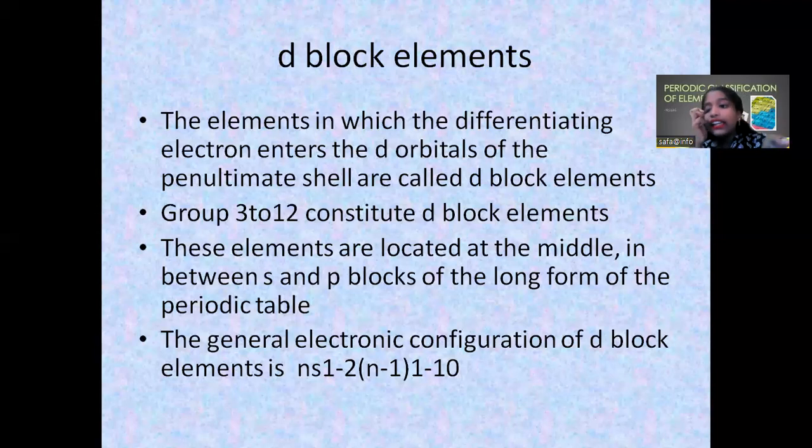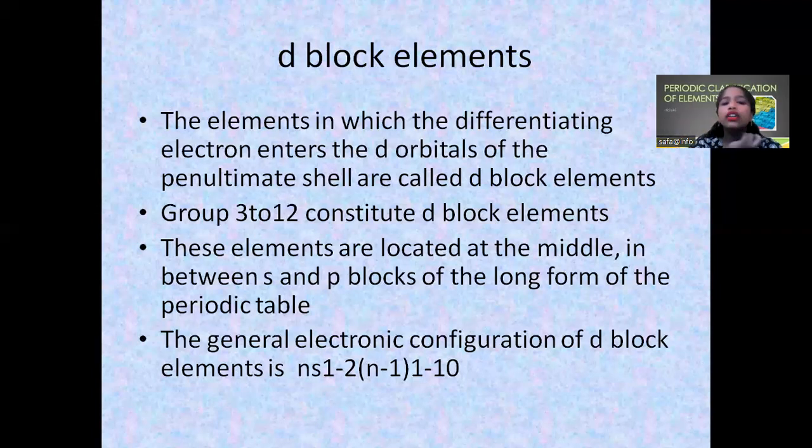So finally, the elements in which the last electron enters the d orbitals of the penultimate shell, not the outermost shell, are called d block elements. S block elements are the elements in which the last electron enters the s orbital of the outermost shell. Same for p block elements, the elements in which the last electron enters the p orbitals of the outermost shell.